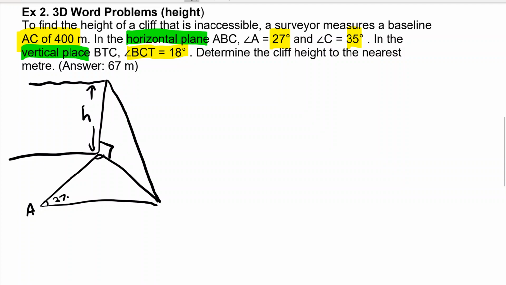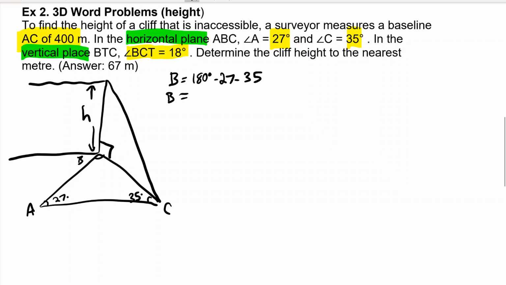Angle B over here, I don't know what angle B is yet, but I can figure it out because I'm told angle C is 35 degrees. So if I want to figure out what angle B is, all I have to do is 180 degrees minus 27 minus 35.